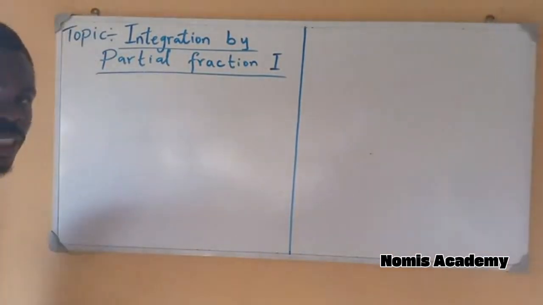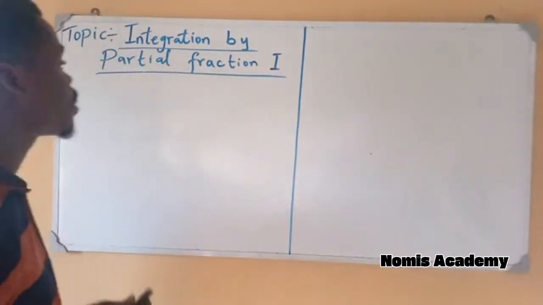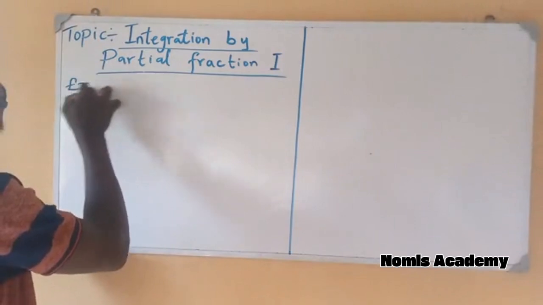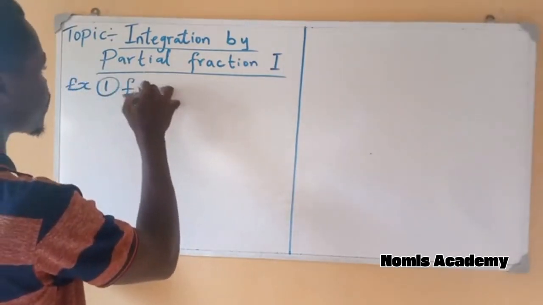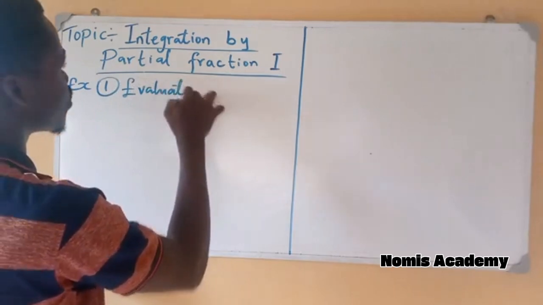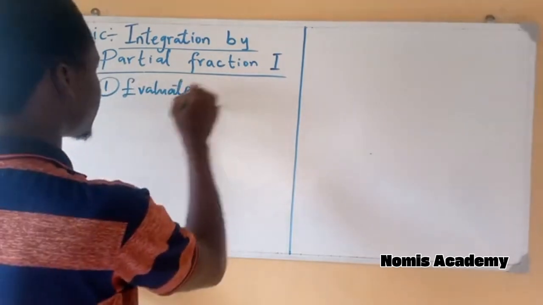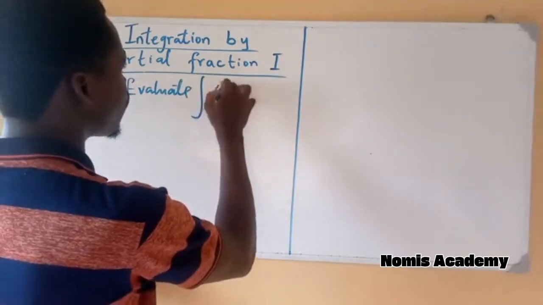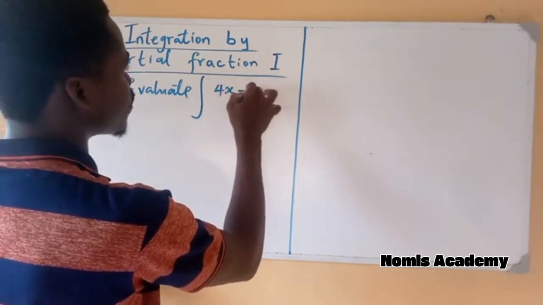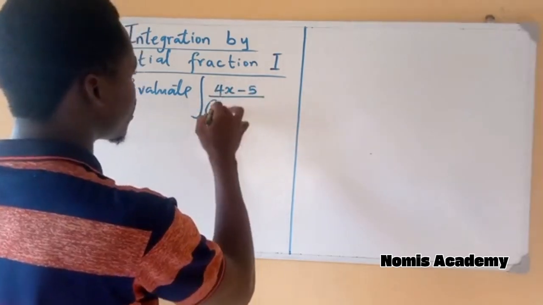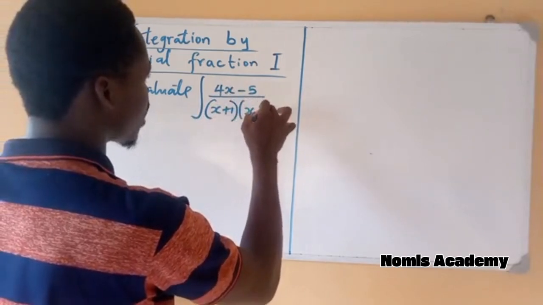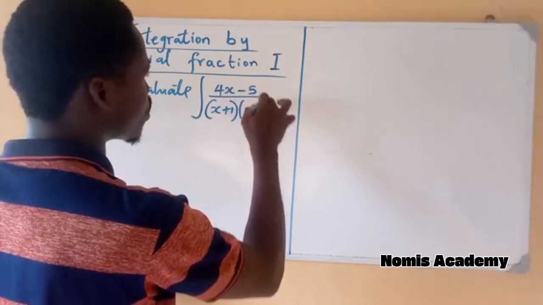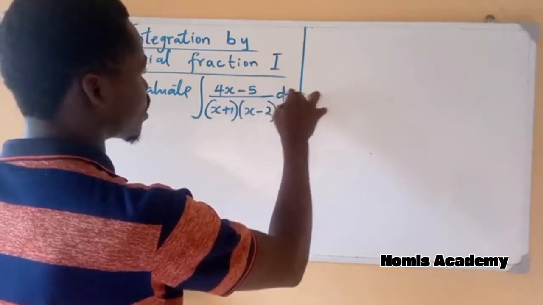Now let's pick the first example so that you understand what I'm saying. Example 1. Evaluate the integral of (4x - 5) over (x + 1)(x - 2) dx.